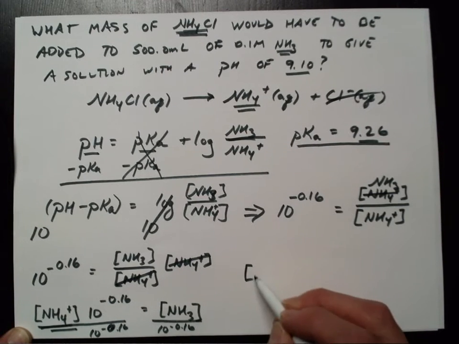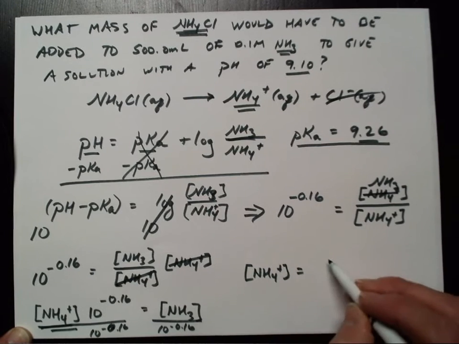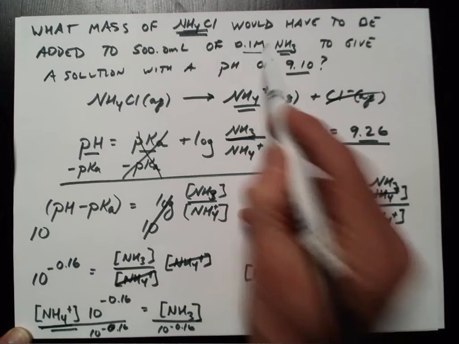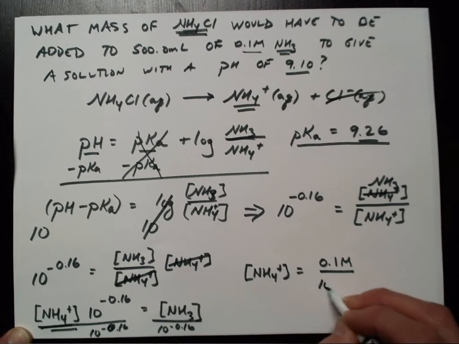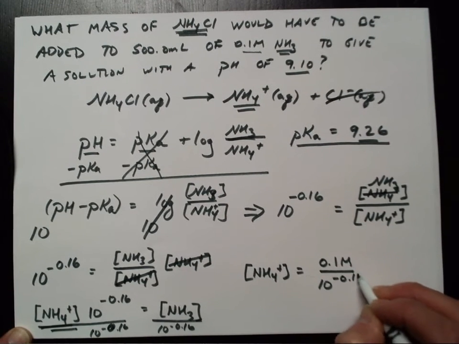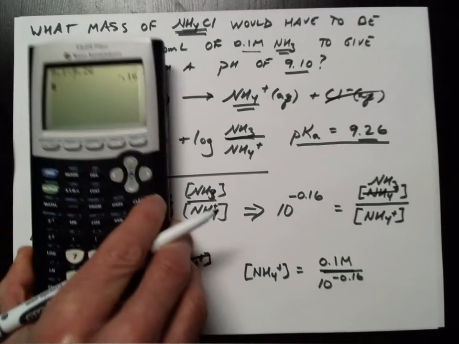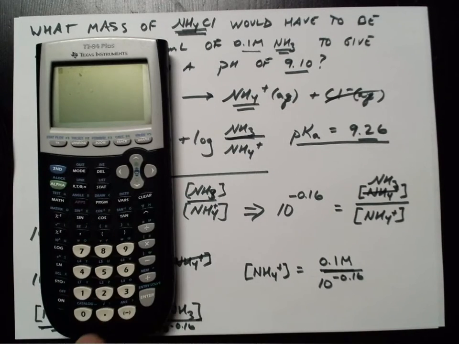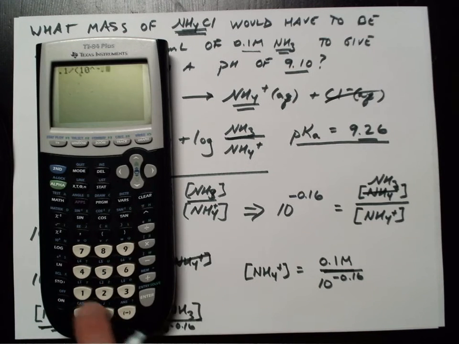And I've got an equation that the ammonium concentration that I'm looking for should be the ammonia concentration, which is going to be 0.1 molar, divided by 10 to the negative 0.16. Well, I can figure that out. Let's see, 0.1 divided by the quantity 10 to the power of negative 0.16.